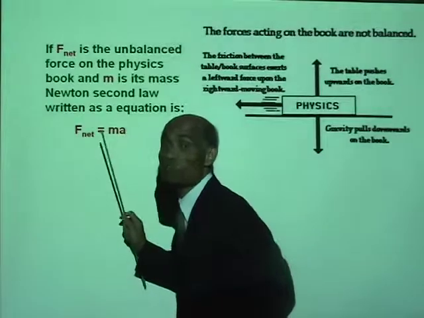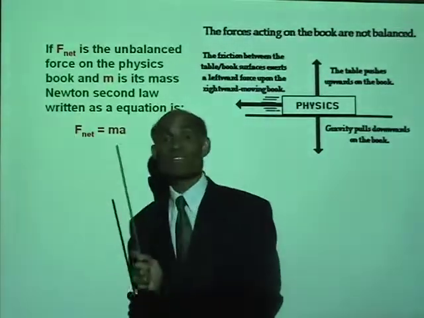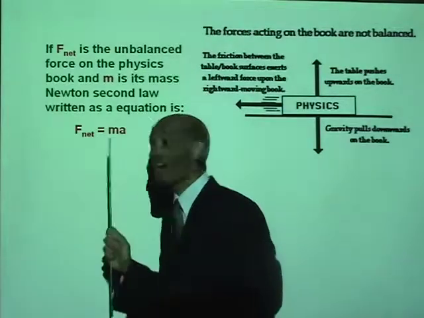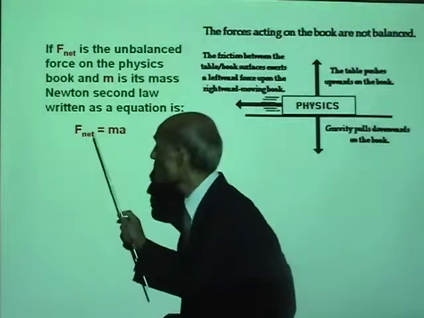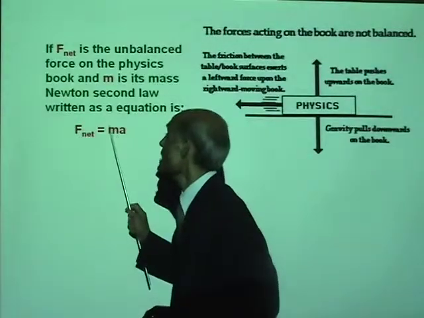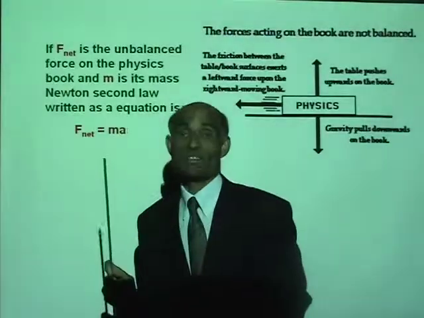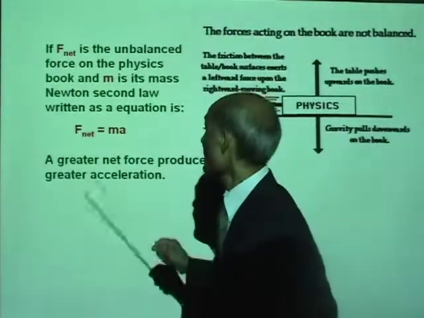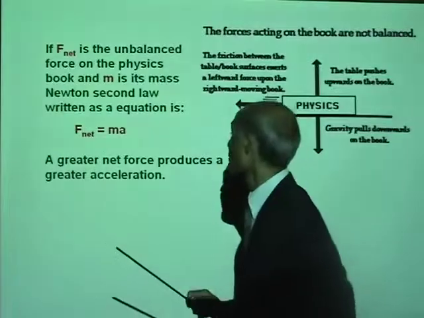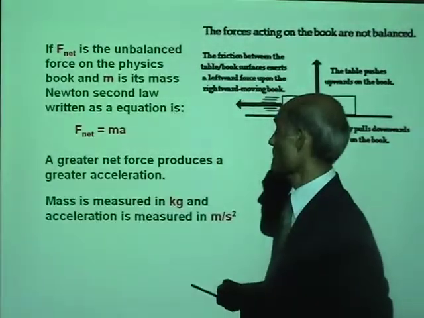Acceleration is proportional to force. When you represent that as an equation, this is how it looks. I want you to remember this equation. The unbalanced force F net equals the mass of the object times its acceleration. Now, a greater net force produces a greater acceleration.